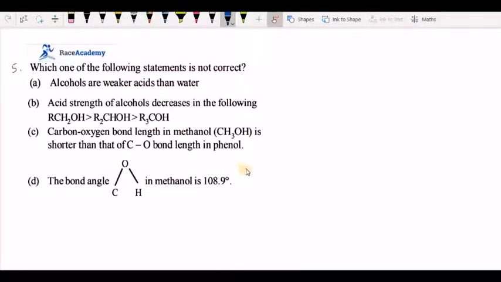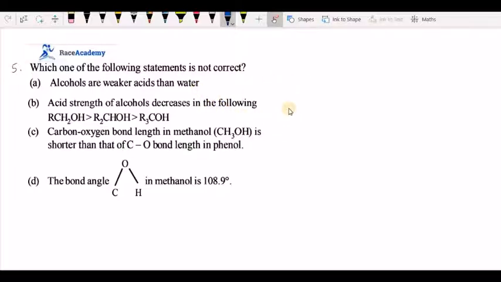Which one of the following statements is not correct? Let us see the statements. Alcohols are weaker acids than water. Definitely we know that alcohols are weaker acids than water, because the pKa values of alcohols differ from the pKa value of water.